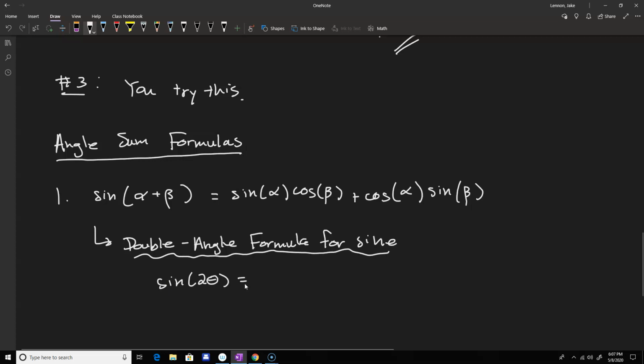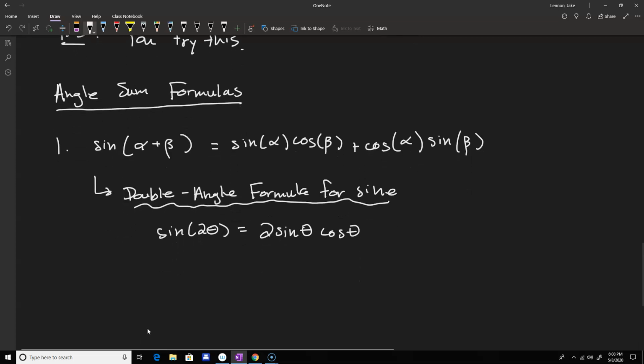And then on the right-hand side, again, alpha and beta are the same, so we'd have sine theta times cosine theta plus the second term would also be sine theta times cosine theta. So this would actually just be 2 copies of sine theta cosine theta. So that's the double angle formula for sine that you can think of as a special case of the angle sum formula for sine. So what is the angle sum formula for cosine?